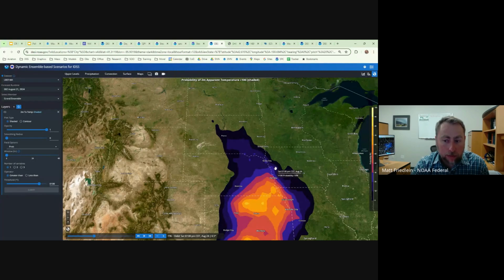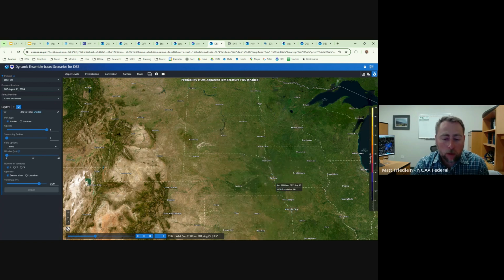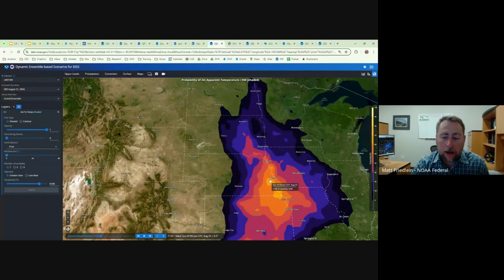That is quite the range there for Omaha. 2/3 or so of membership indicating that for their south, but almost none by the time you get north of Sioux City. And then for Sunday, in Omaha, a little over half the membership indicating heat indices over 100.